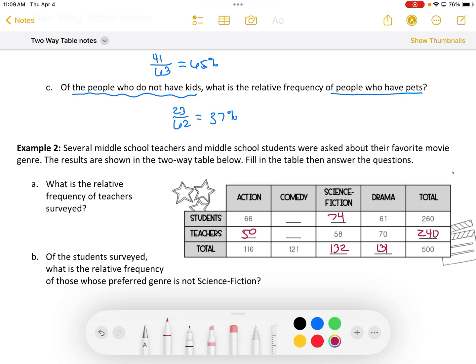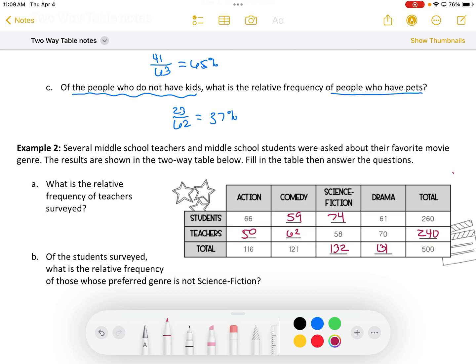So 62 for teachers. And then 121 minus 62, that would give me 59 for students who like comedy. Again, quick check, I could double check that all my students add up to 260. So if we add 66, 59, 74, and 61, we do get 260.